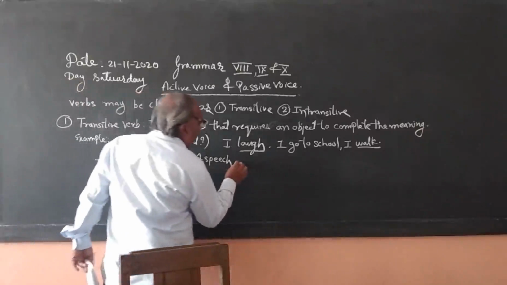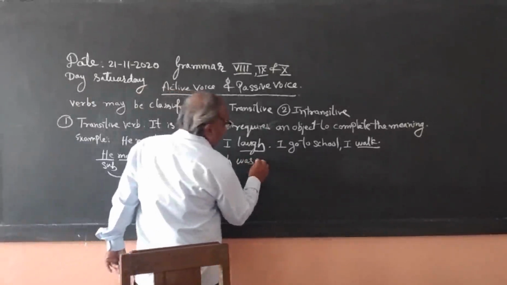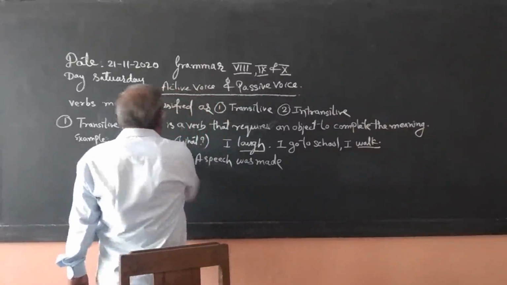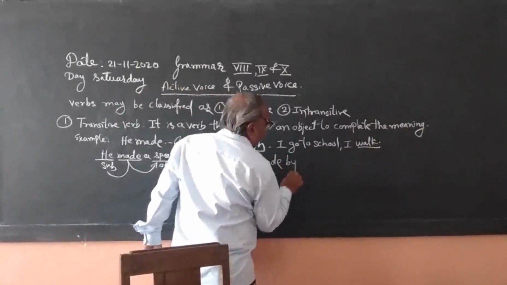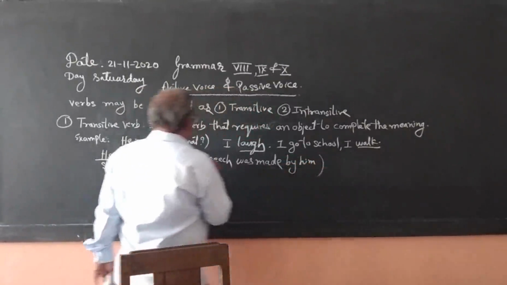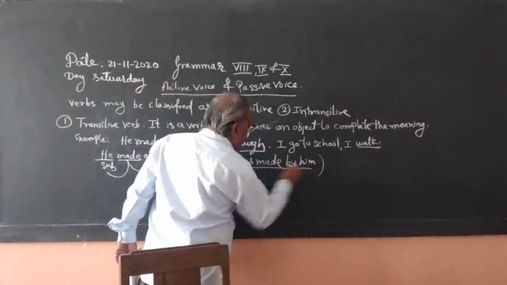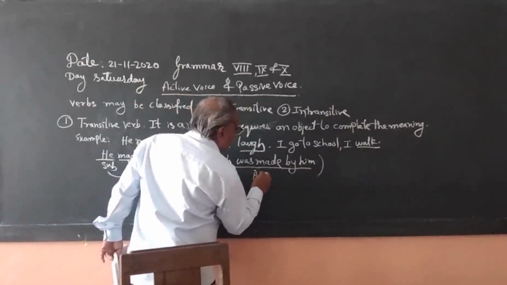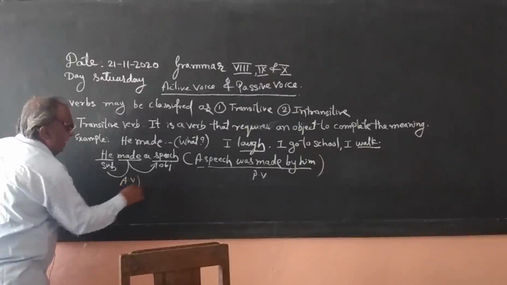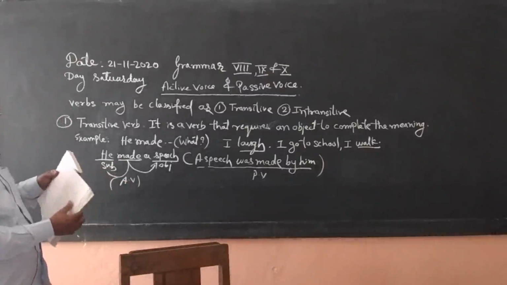A speech was, this is important, was made will remain, made by him. Now this has become passive voice. This sentence is PV, PV means passive voice. And this is AV, AV means active voice. You might have understood up till here.